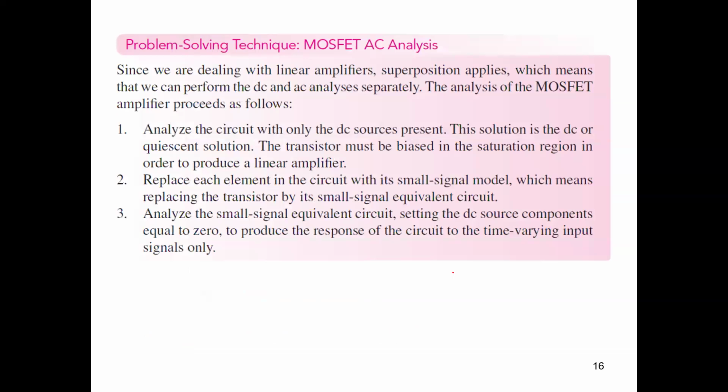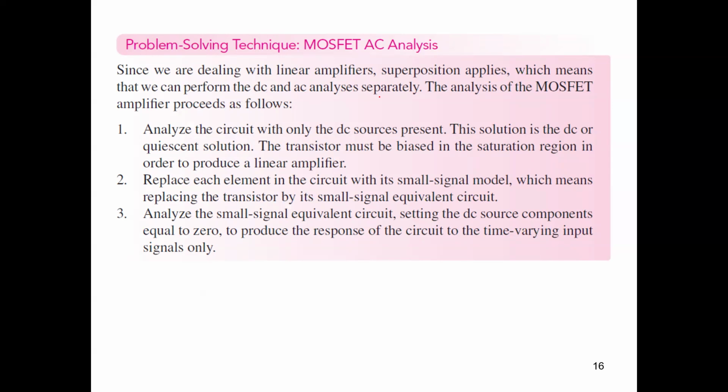To summarize our discussion today, how to solve the MOSFET in AC analysis. Firstly, since you are dealing with linear amplifiers, superposition applies, which means that we can perform the DC analysis and AC analysis separately.